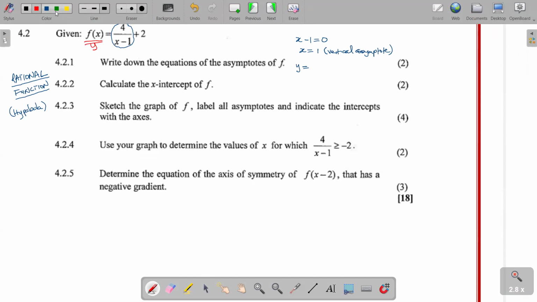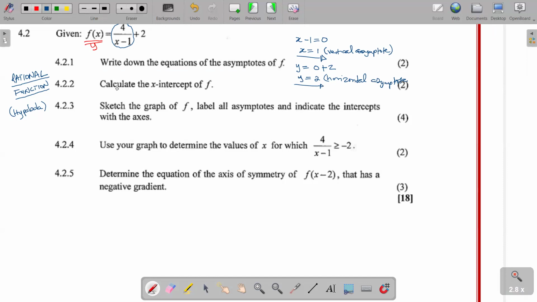So y is equal to 0 for that fractional part plus 2. y is equal to 2. So this becomes our horizontal asymptote. So we already have equation 1 and equation 2, the two equations of our asymptote.